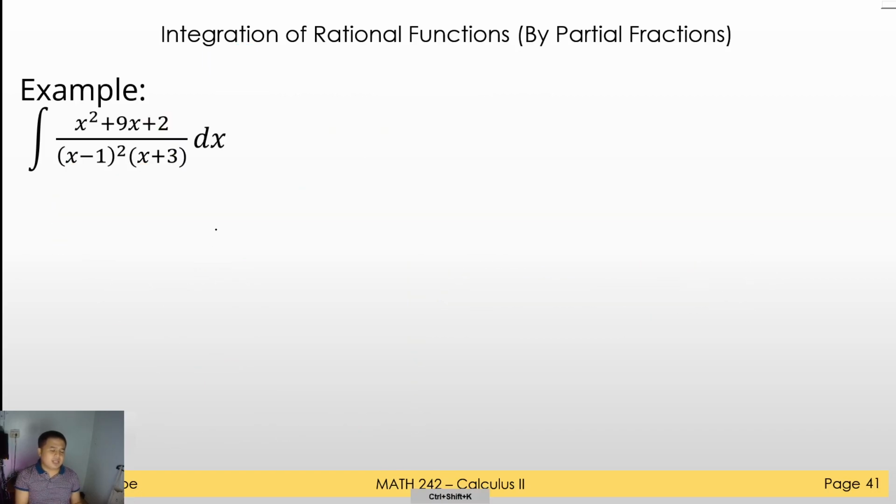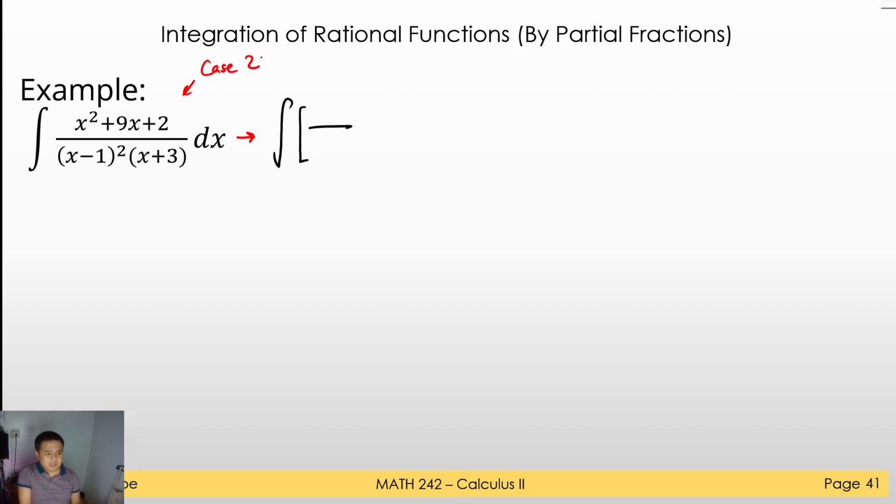Okay, so for our next problem, how do we do this? If the denominator is already factored out, then this is good news. We don't have to factor it. Again, if we have this form, then we can decompose this into the sum of these terms. So how many terms should we have here? This is actually case 2.